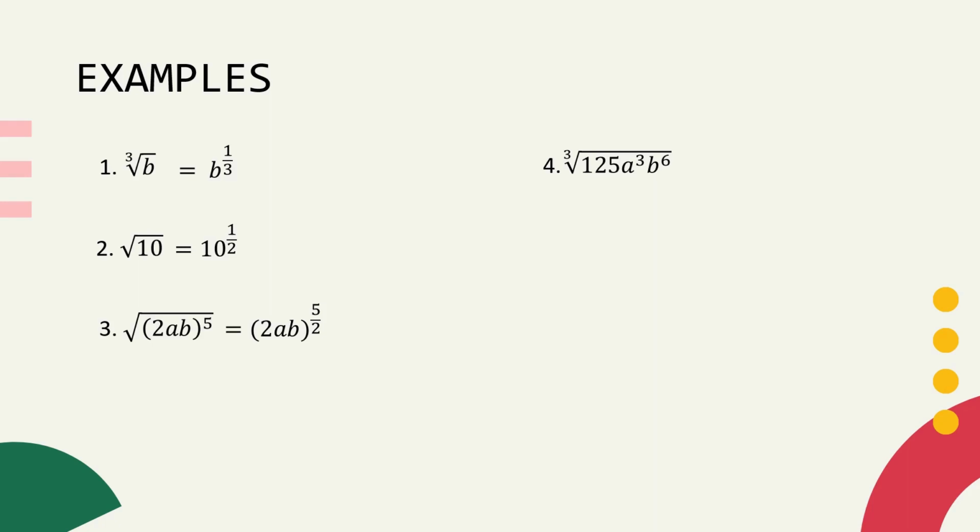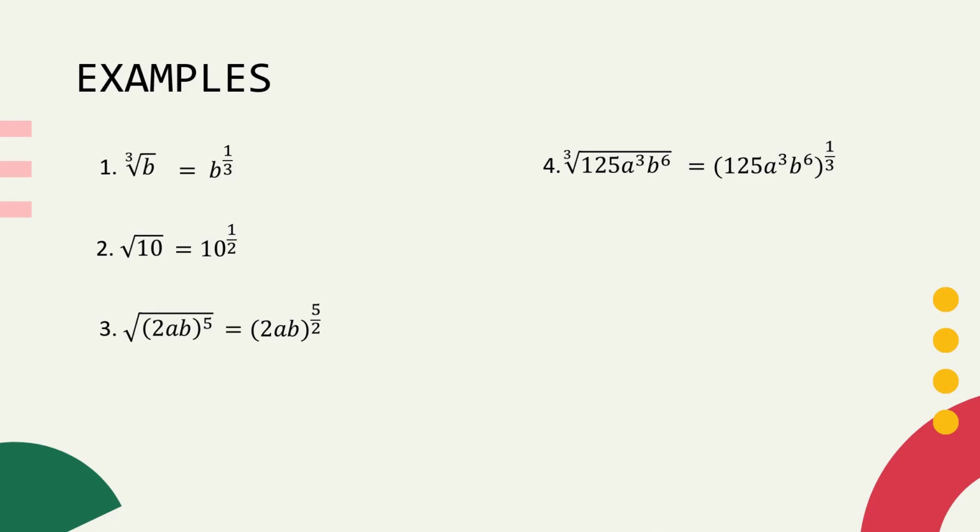The power or the exponent of our radicand is equal to 1. Therefore, 1 is the numerator of our rational exponent. Thus, if we convert cube root of quantity 125a cubed b raised to 6 into an expression with rational exponent, it will become quantity 125a cubed b raised to 6 raised to 1/3.